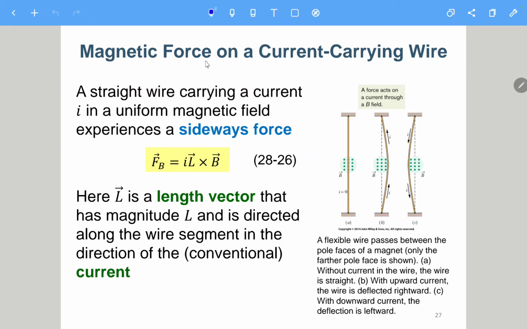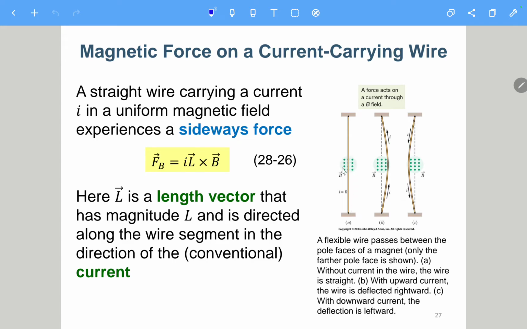Here it says the magnetic force on a current carrying wire. So here we just fix a wire here and here, and then we also have an external B field generated by something else. But we just assume there is a uniform B field in the whole space.